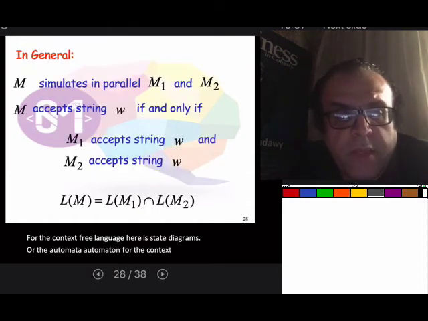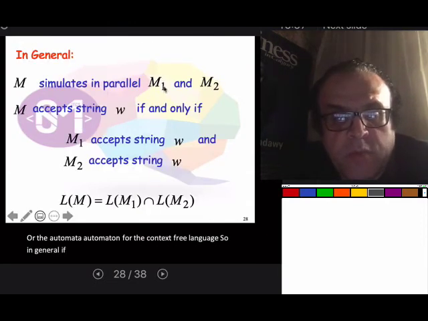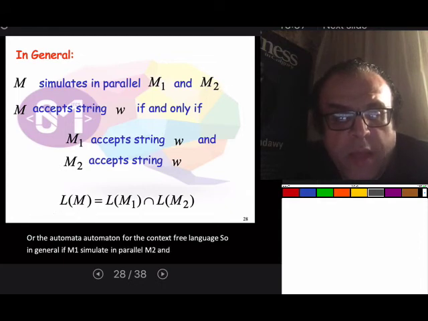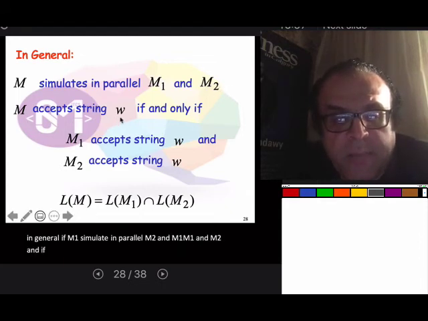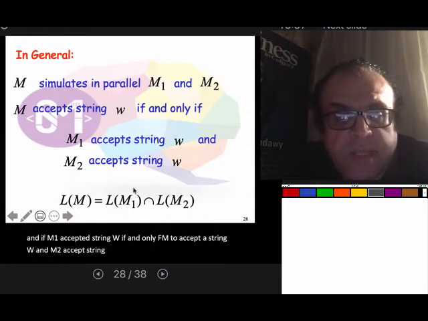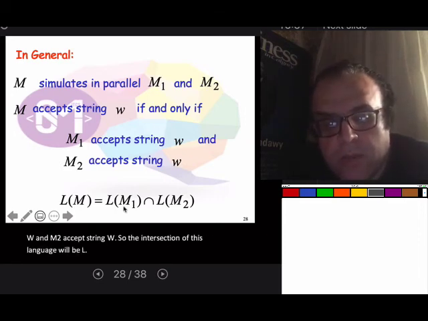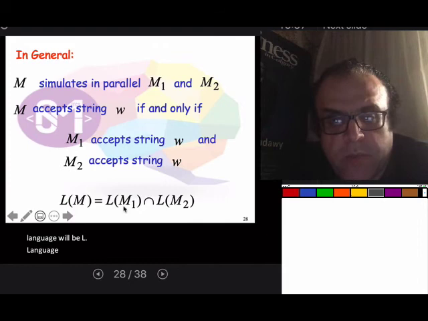So in general, if M simulates M1 and M2 in parallel, and M accepts string W if and only if M1 accepts string W and M2 accepts string W, then the language of M is the intersection of language 1 and language 2.